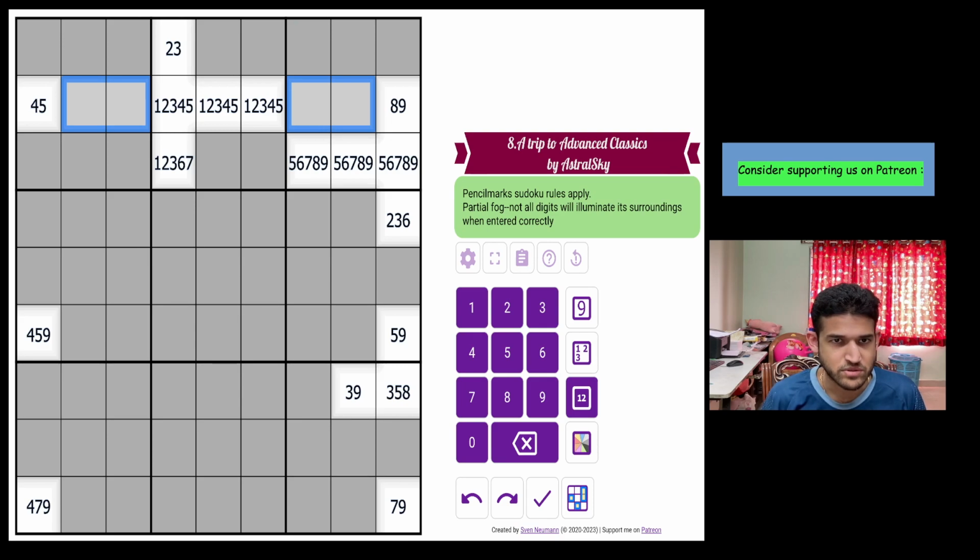So in this row, in row 2, let me think here. Yeah, right. So in these 4 cells, we'll need 3 of 6, 7, 8 and 9, right? You have 1, 8 and 9 here. So which means 3 of these cells will be covered by 6, 7, 8 and 9.